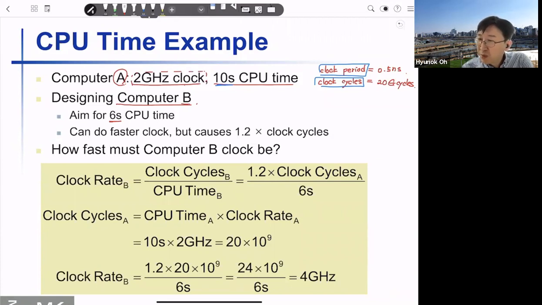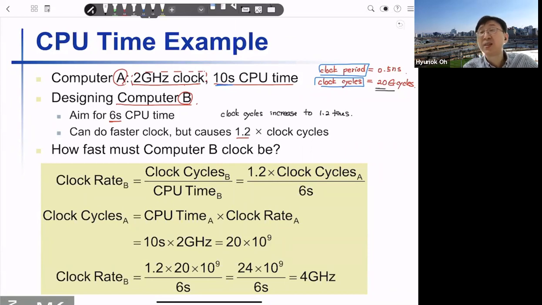because computer B is a new computer system, clock cycles are increased by 1.2 times.